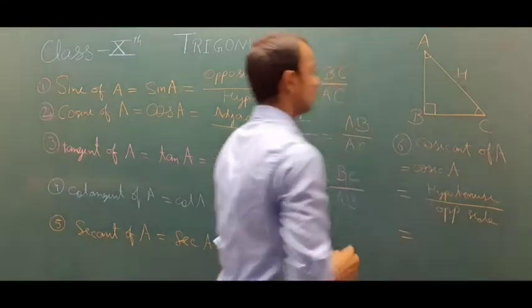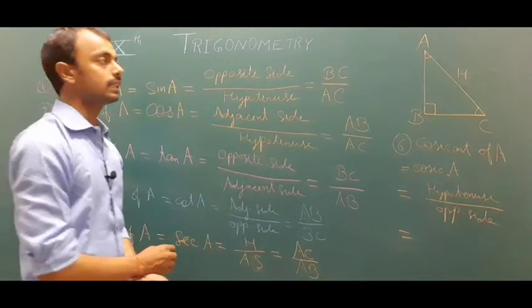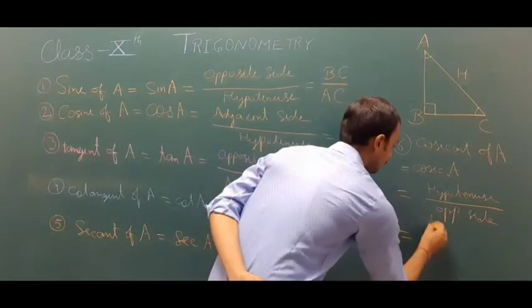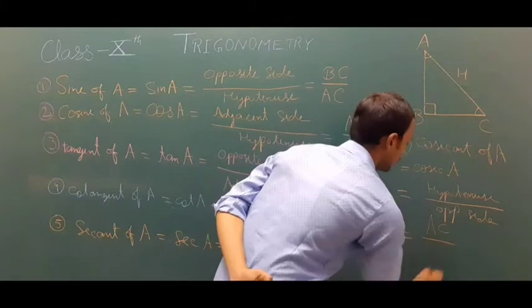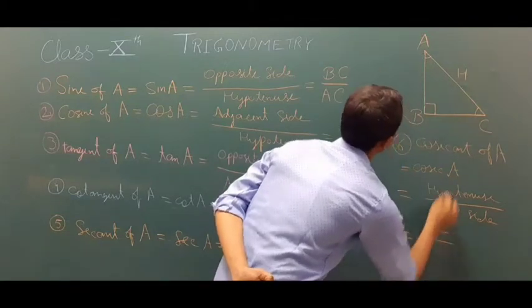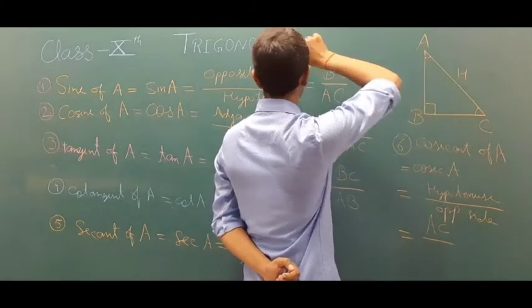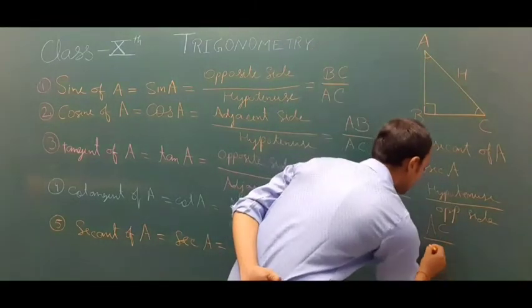So if we take H for hypotenuse upon opposite side, what is the hypotenuse over here? Hypotenuse is AC upon the opposite side, which is BC.